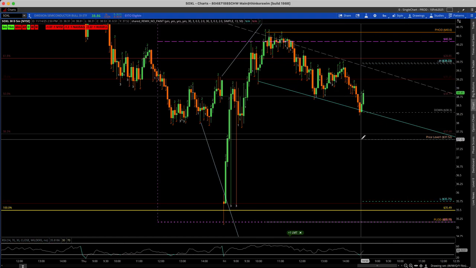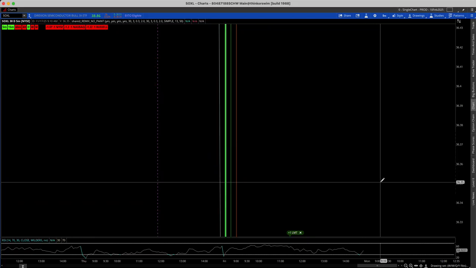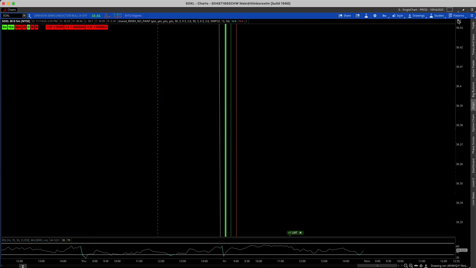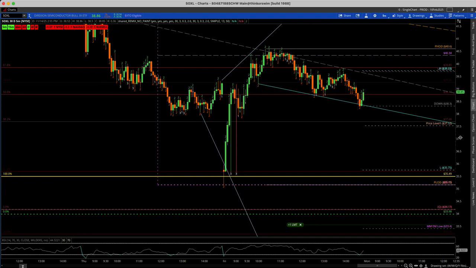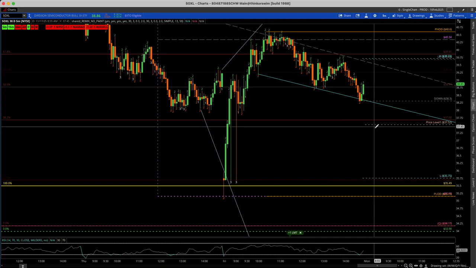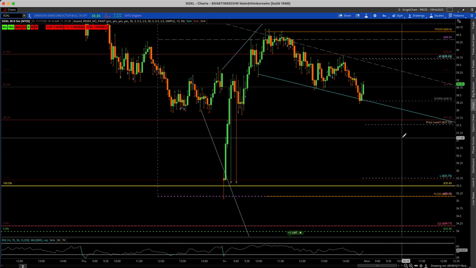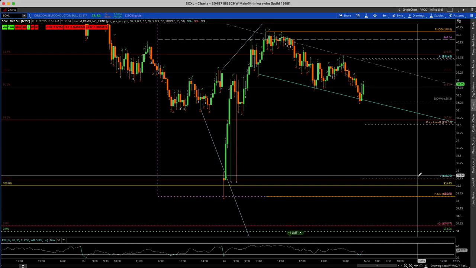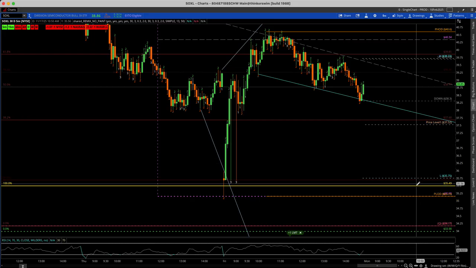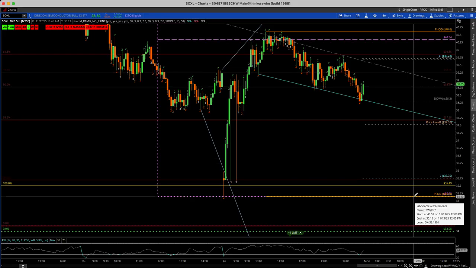On the other side of the coin, if we open and we push down, and maybe we get a bounce off of overnight low, all right, so if we push down, we get a bounce off overnight low and we push back up, but then we get a lower high underneath or at opening print, then we want to look to get into puts, first targeting overnight low as our first target and the second target being previous low of the day, right?